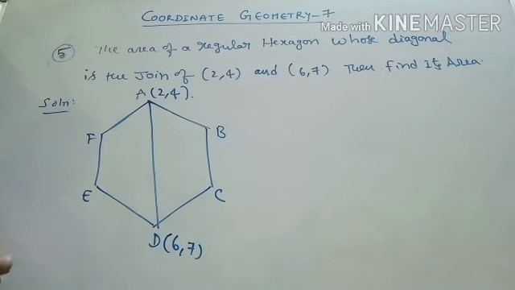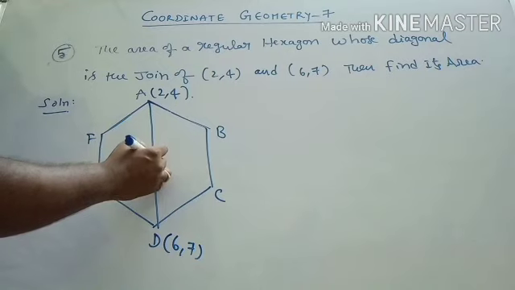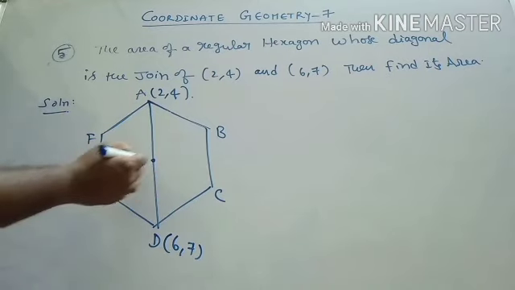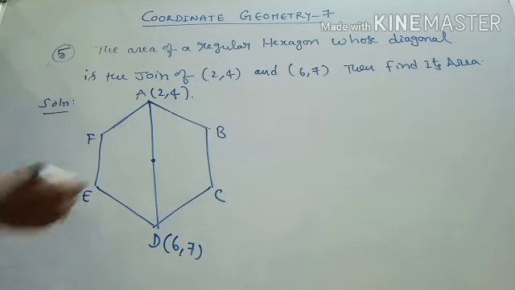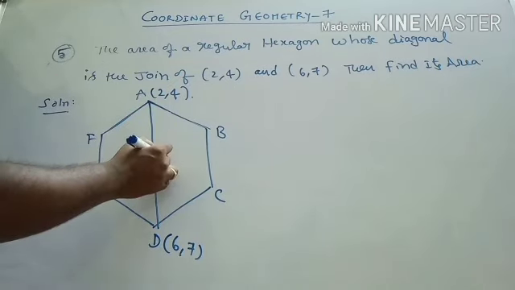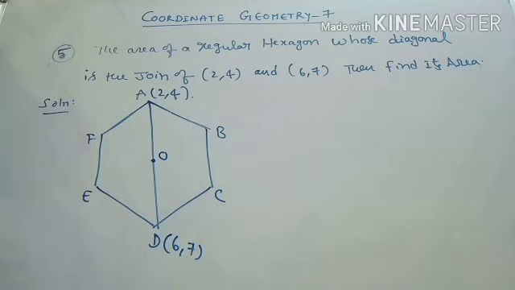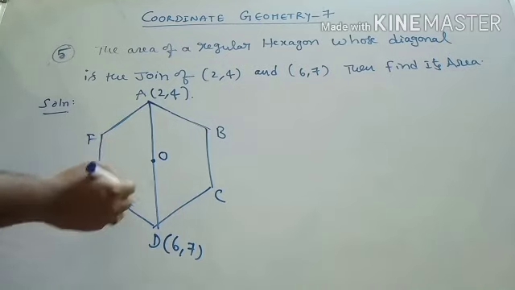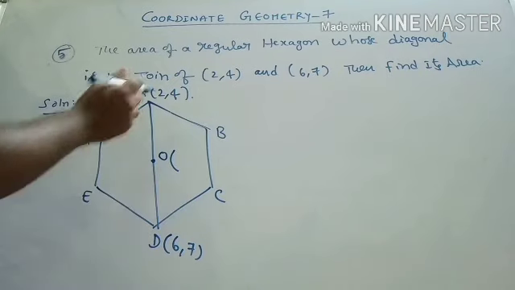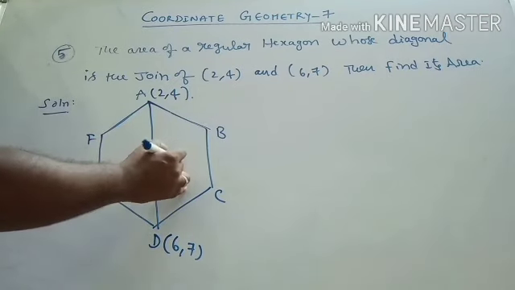And you know, my dear students, the midpoint here is nothing but the center of the regular hexagon. You know how to find the midpoint. Let us call it O. The midpoint is (x1 plus x2) by 2. That means 6 plus 2 by 2, that is 8 by 2, that is 4.